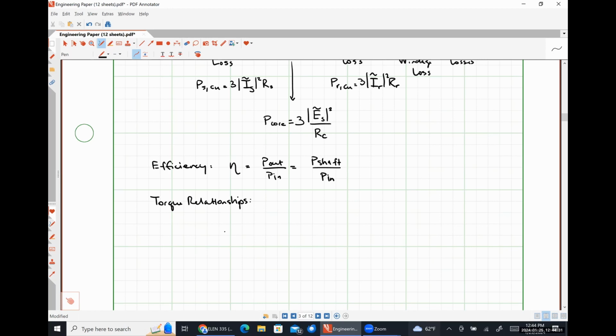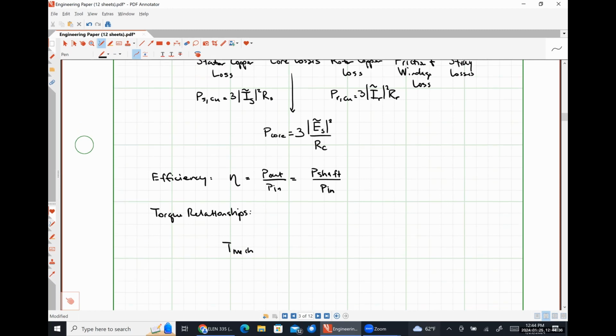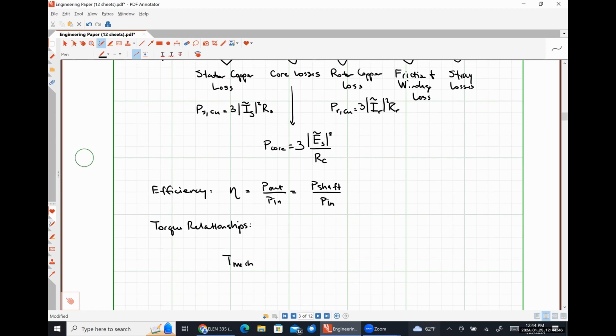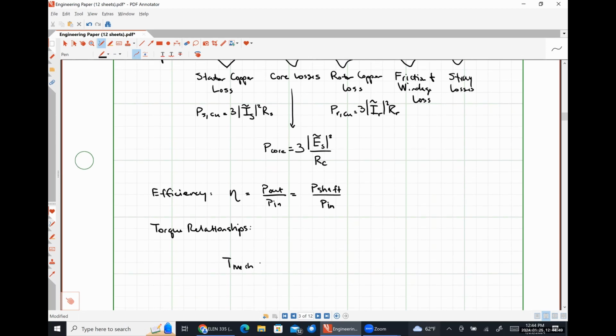So our mechanical torque, so this would be the torque delivered at the blue line in our system, is simply our mechanical power divided by the angular frequency at which our rotor is spinning.